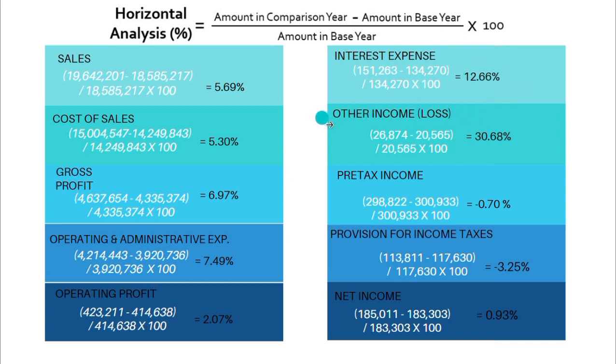12.66%. For other income or loss, 26,874 minus 20,565 divided by 20,565 times 100 is equal to 30.68%.